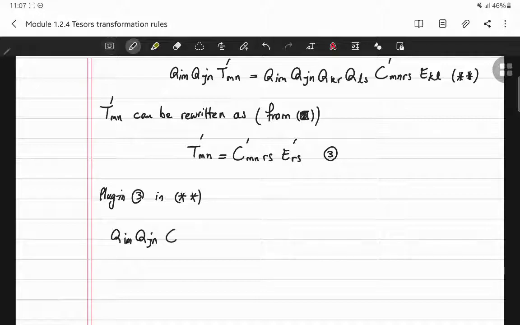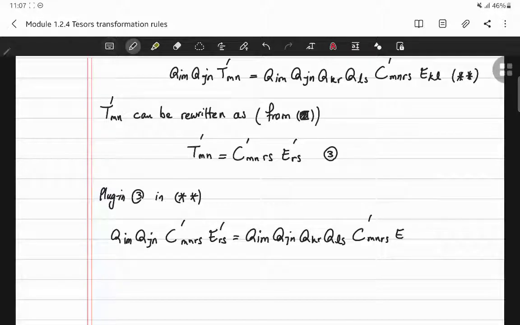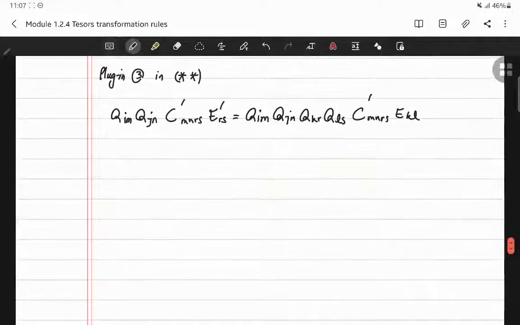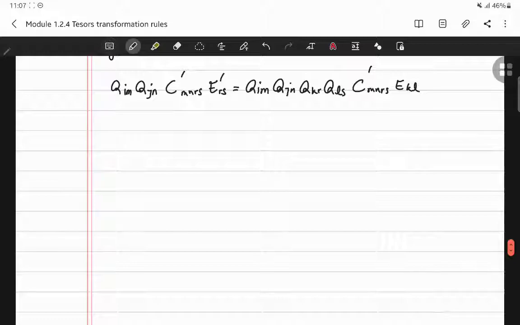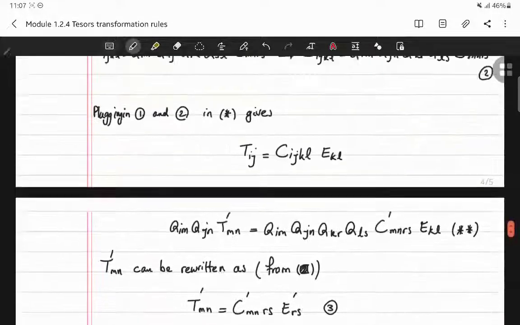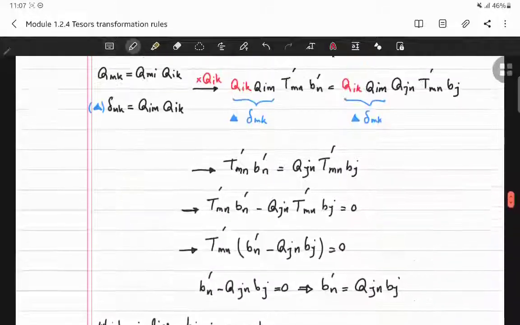Jn, this is C prime mnrs E prime rs, and here I need to copy this, Qjn Qkr Qls C prime mnrs Ekl. Great.